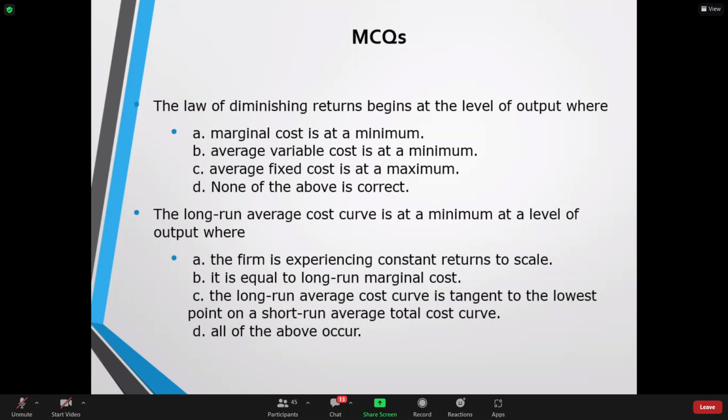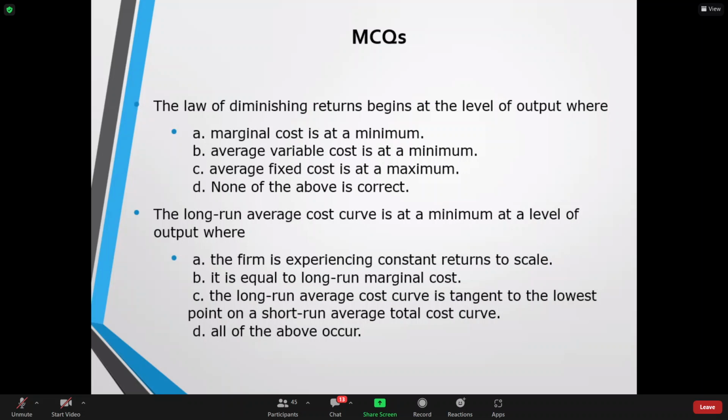You're giving two answers. A. Marginal cost is at minimum, average variable cost is at minimum, average fixed cost is at maximum.